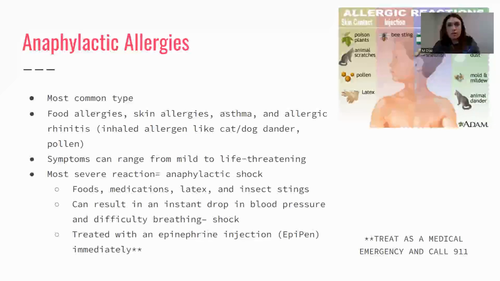The EpiPen only releases enough epinephrine to, I guess, reshock the body to be able to function for a certain amount of time before they're needing more of that epinephrine, which can only be administered by a medical professional. So again, anytime that you do administer an EpiPen, make sure you're calling 911 at the same time.